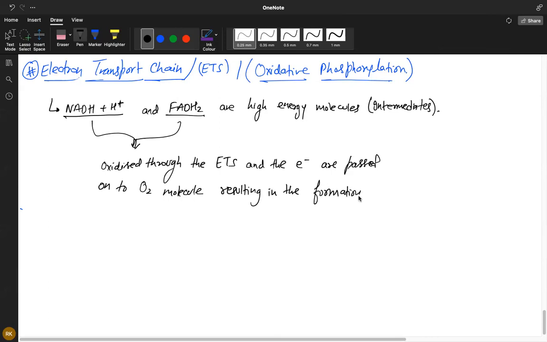If you reduce oxygen, give all the hydrogen to oxygen, then it will form water, correct?